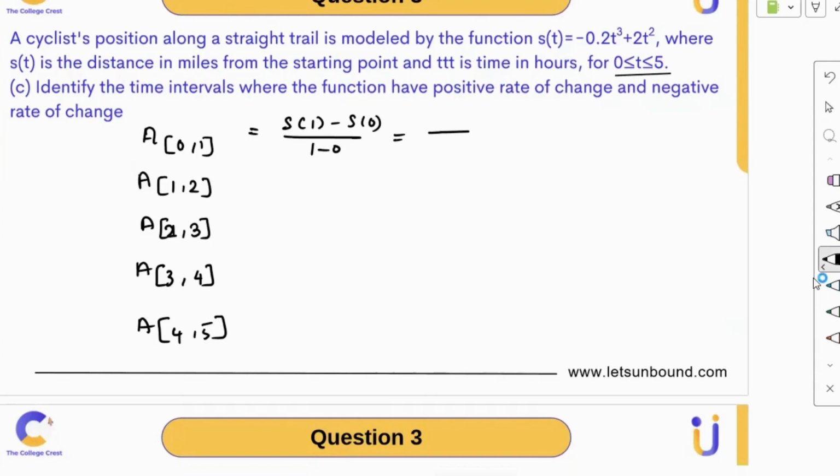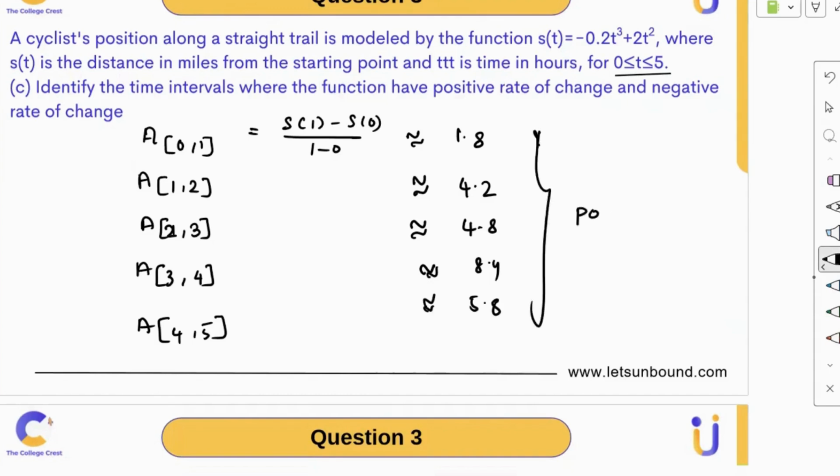I will tell you the average rates of change here; these are already calculated. It's a repeated process, the same slope formula we are going to apply: 1.8, then you will get 4.2 for this. Anyways, we are just looking at the sign, not the exact value. Then 8.4 and 5.8. So all the rates are positive.